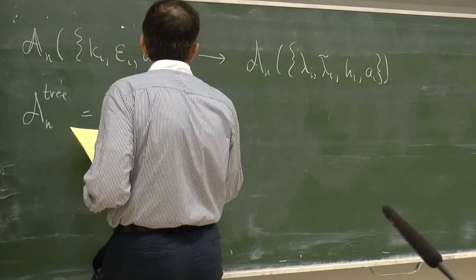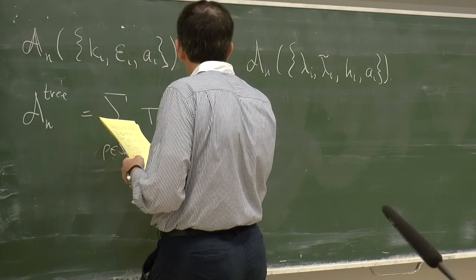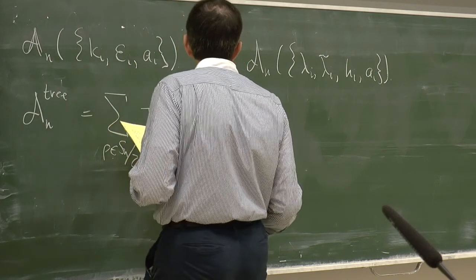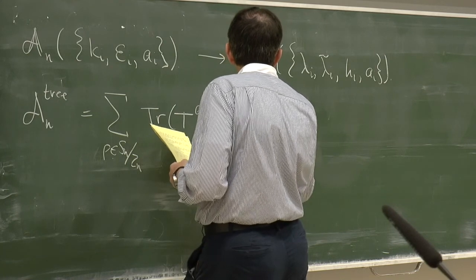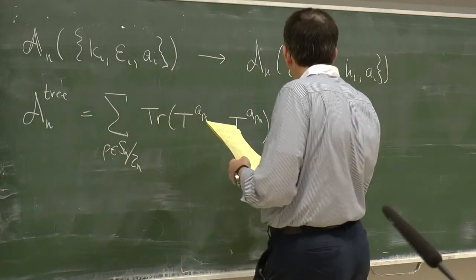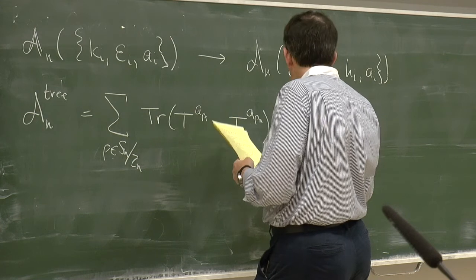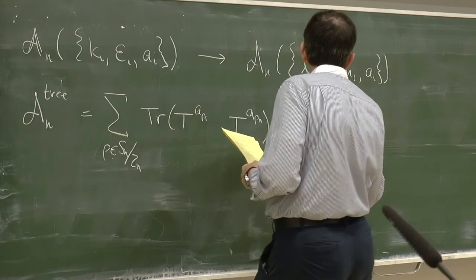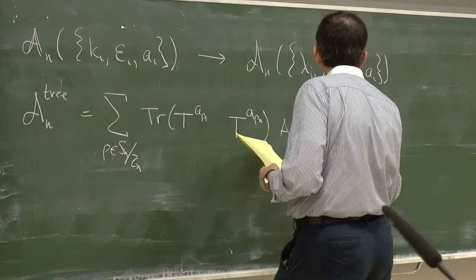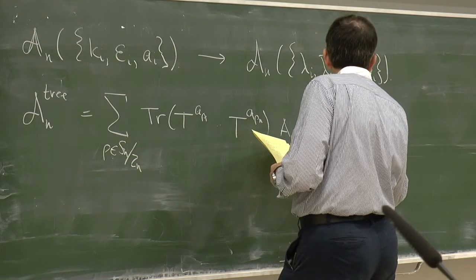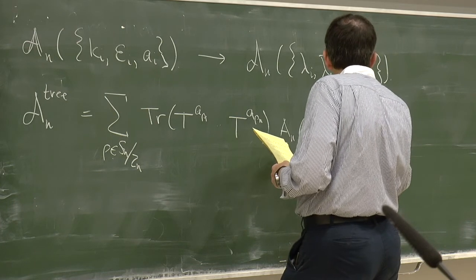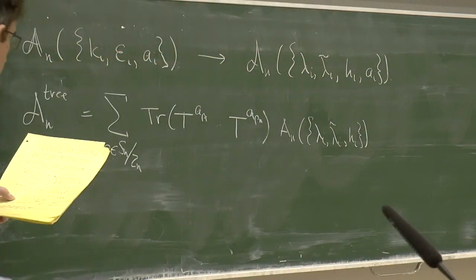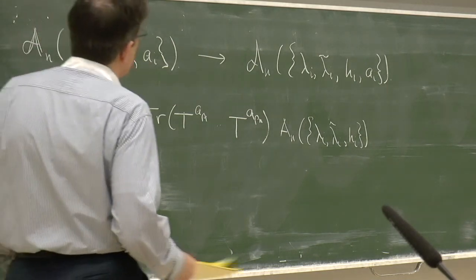So there's a trace of the SUN charge matrices, for example, if we're doing an SUN theory. And then there's a color-ordered amplitude, which is now just a function of the spinors and the helicities. It doesn't have a dependence on the color degrees of freedom. That's all encoded in the color traces.